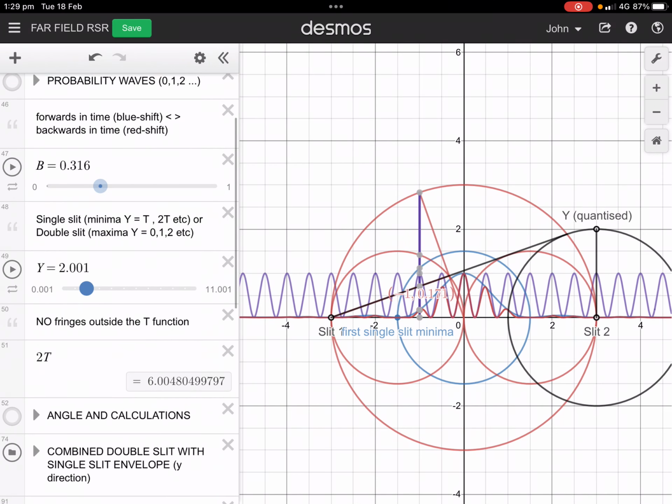So for say y equals 2, you can see the intensity there.